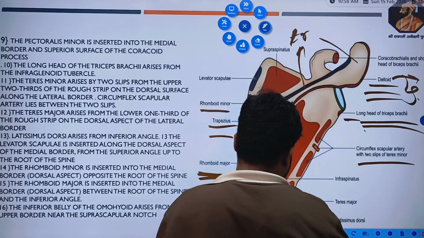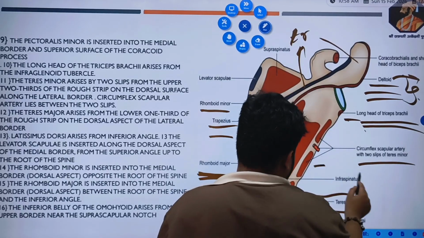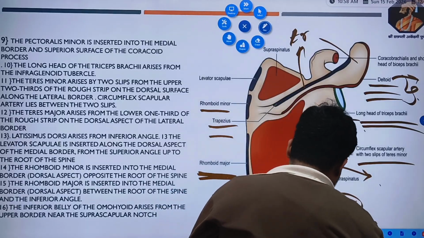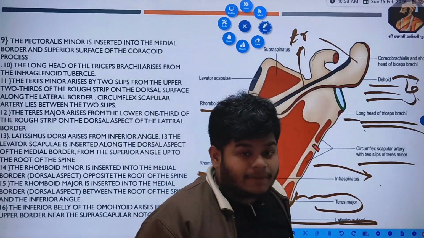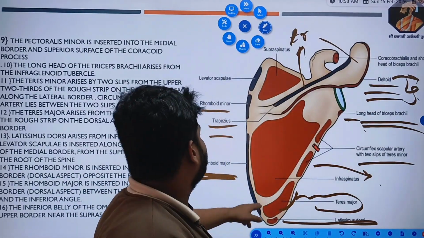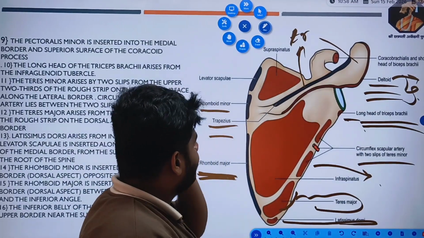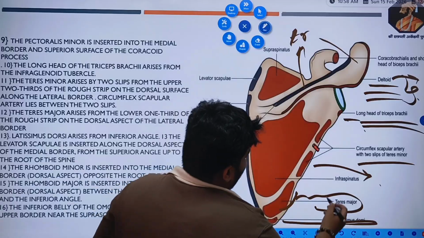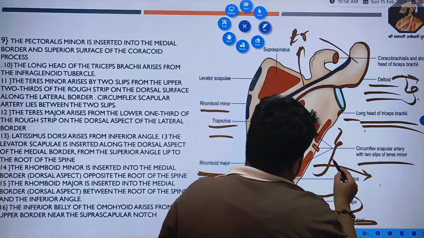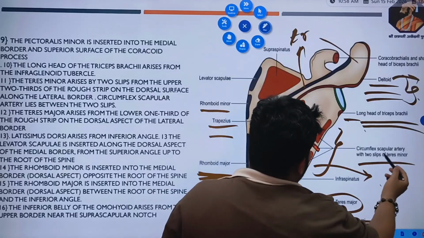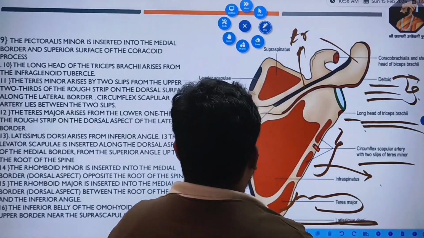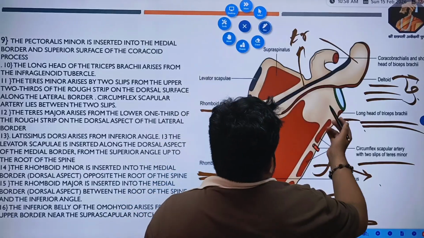This is the teres major muscle, this is the teres minor muscle, and this is the latissimus dorsi, a back muscle with a very small origin in the scapular region. Here there is also a space for the circumflex scapular artery. This was all about the muscle attachments.